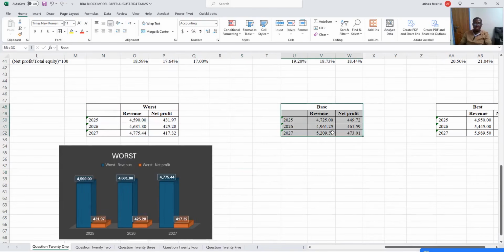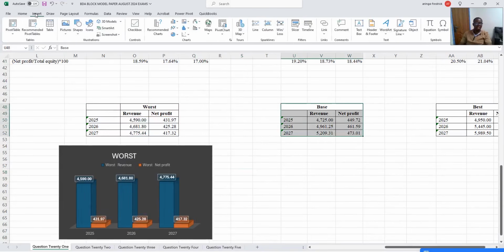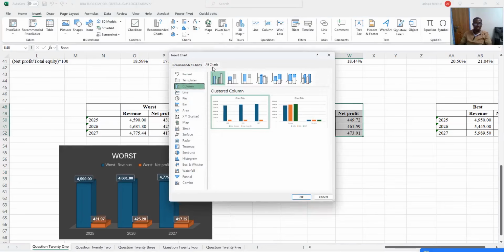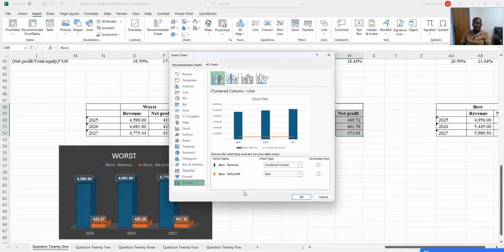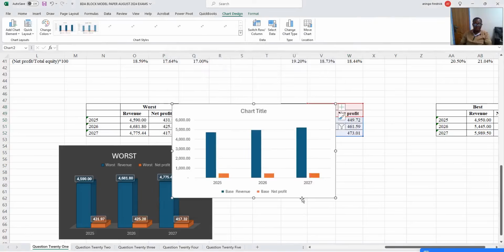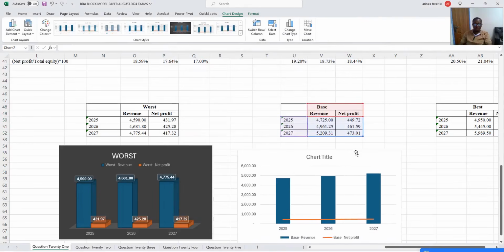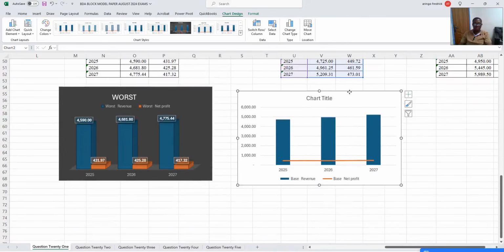For the base case, I can come and insert a recommended chart. In all charts we can choose combo, for example, because it will cater for both. That is clustered.